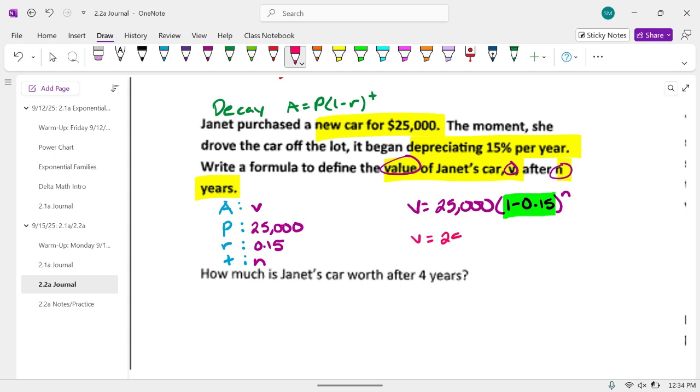And that'll be 25,000 times 0.85 to the n power. That means after every year, our car is only worth about 85% of what it was initially. So this will be our new formula. Any questions so far?